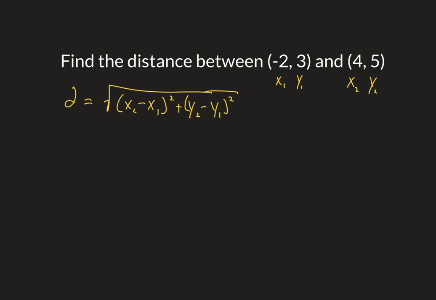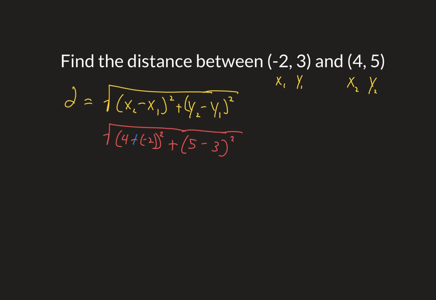If we go through and plug stuff in, according to how we have it set up, my x2 is 4. So 4 minus x1, which is negative 2, plus y2, which I have labeled as 5, minus my y1, which is a 3. Go through and just order of operations here.